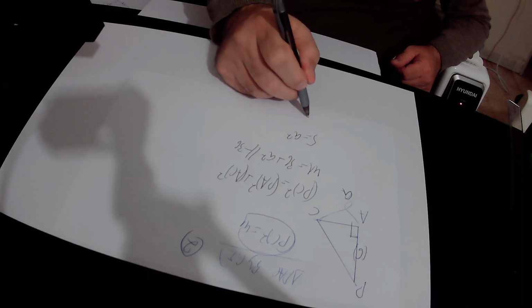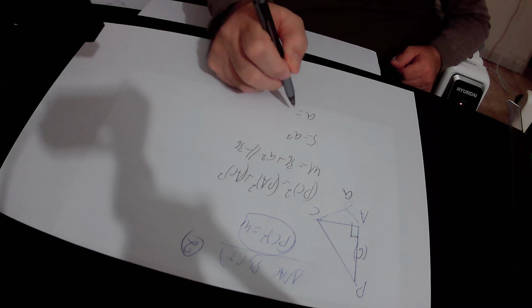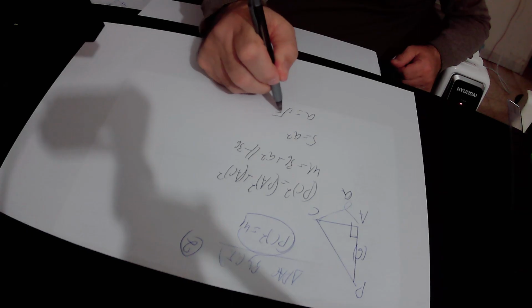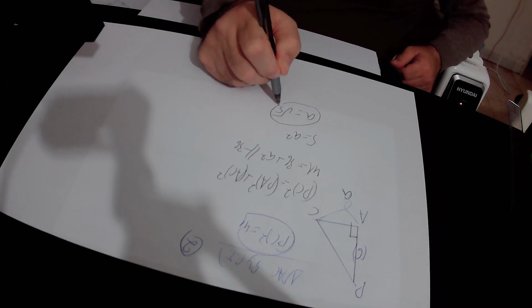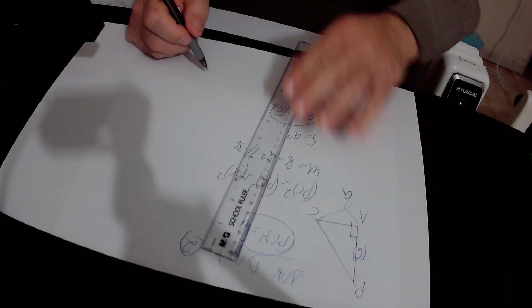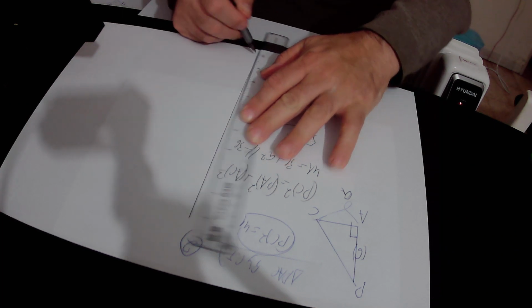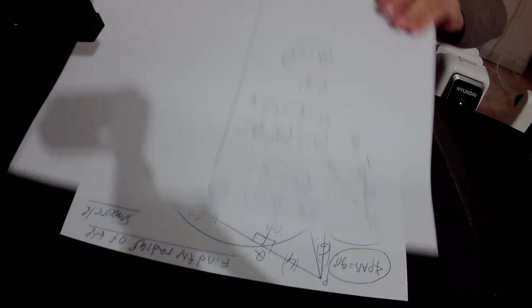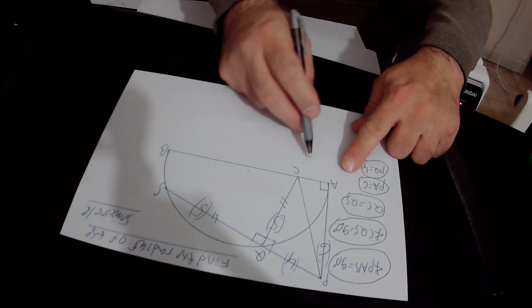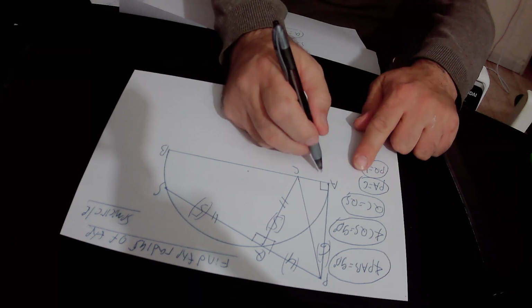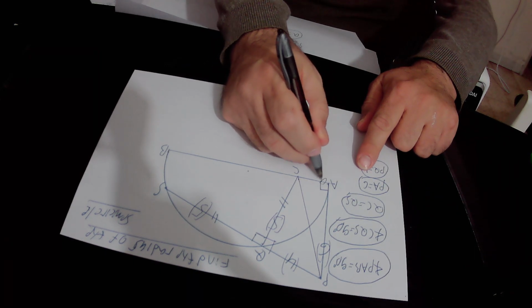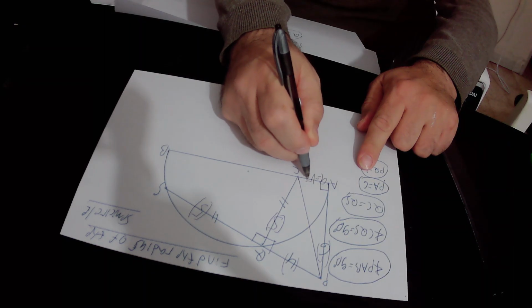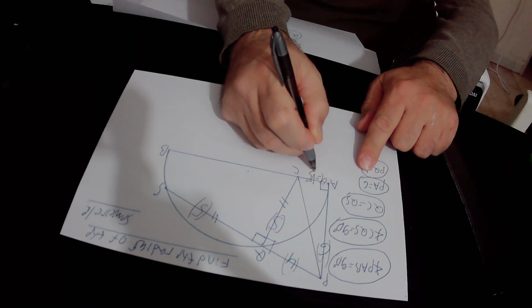Here we take a root of this equation and finally we get that A equals the square root of 5 units. So AC is equal to A, according to our definition, which equals the square root of 5 units.